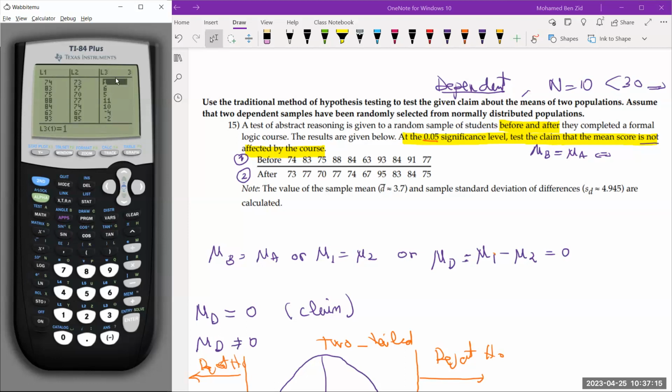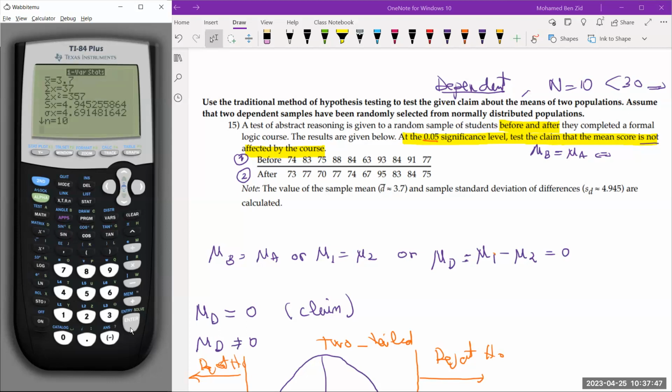Then you start again: go to calculate, one var, regular thing. We know how to do this. The only thing that changes is that instead of L1, you type in second L3. Enter, no frequency, and calculate.